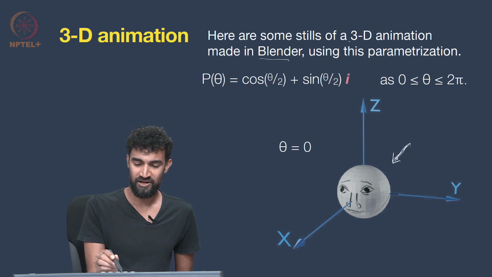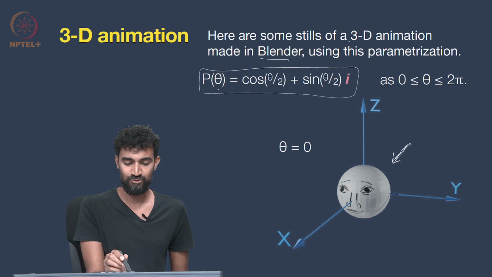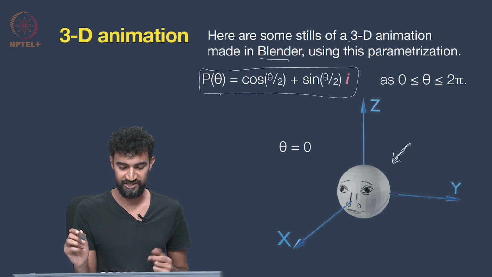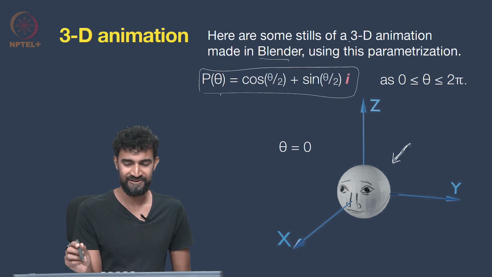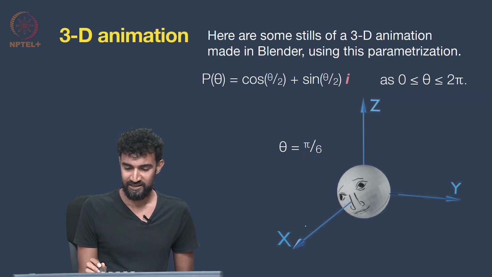So here's the first one, which just used this. All I needed was this parameterization of the rotation that I just gave in quaternions. So here's a few stills of the animation that I made. Here's Bala when theta is equal to 0. Here's Bala when theta is equal to pi over 6.